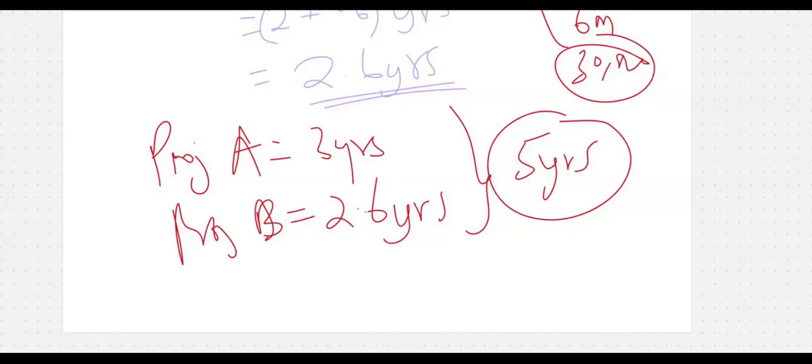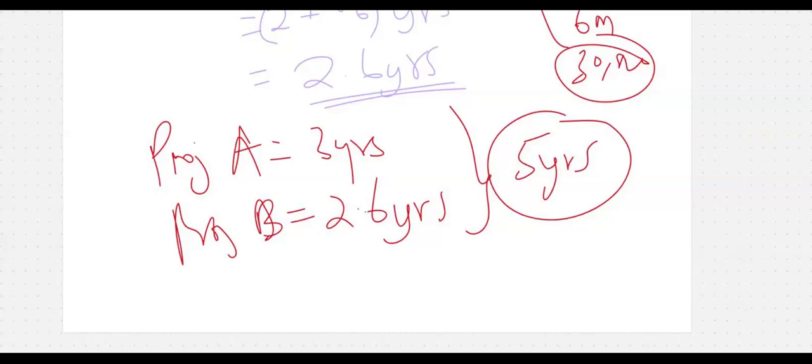So project B should be accepted because it takes 2.6 years, right, less than 3 years for project A to recoup its investments.